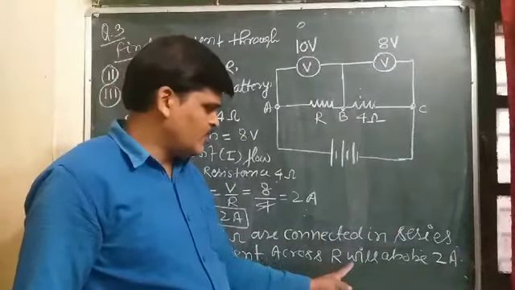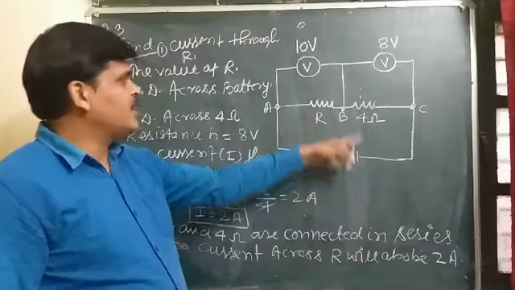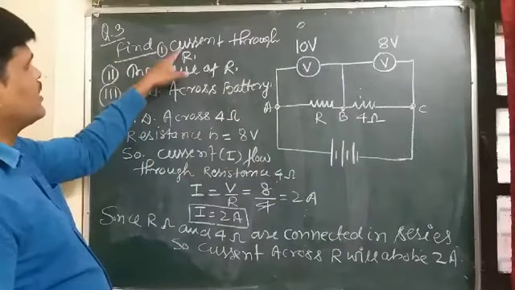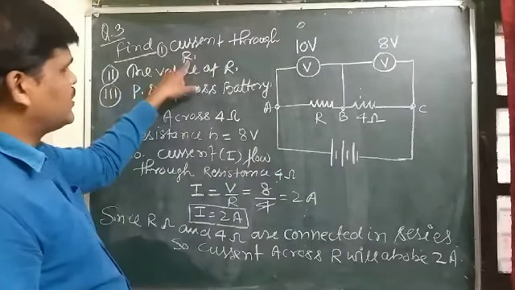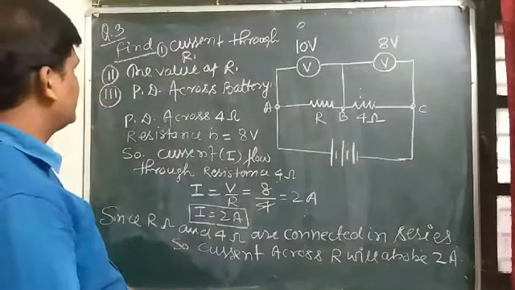So current across R, that is what? 2 ampere. Current through R is 2 ampere, already we calculated.